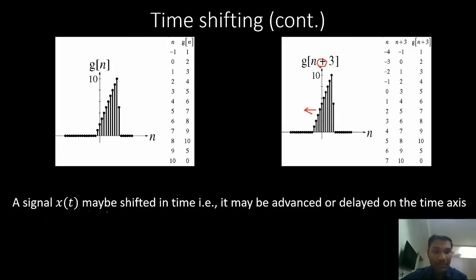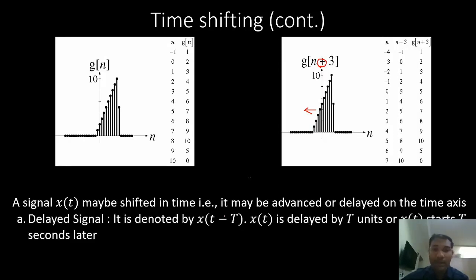A signal x of t may be shifted in time, that is, it may be advanced or delayed. Based on the sign here, it can be advanced or delayed on the time axis. If there is a negative sign, it is denoted by x of t minus capital T. Capital T can be any number.